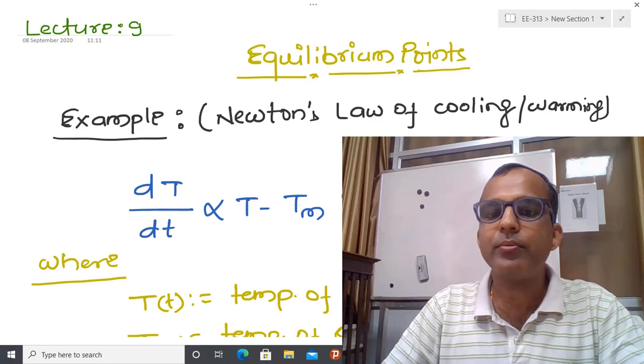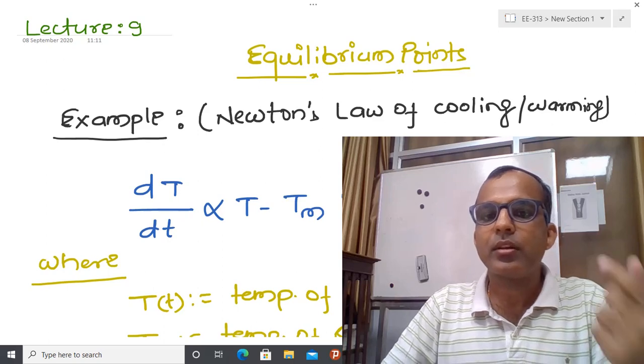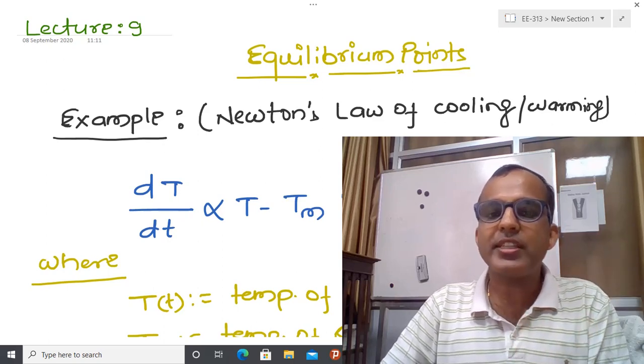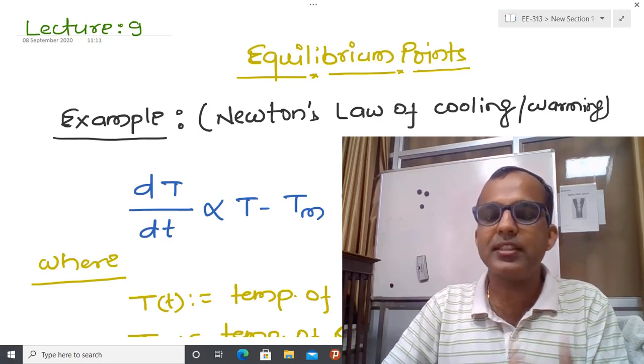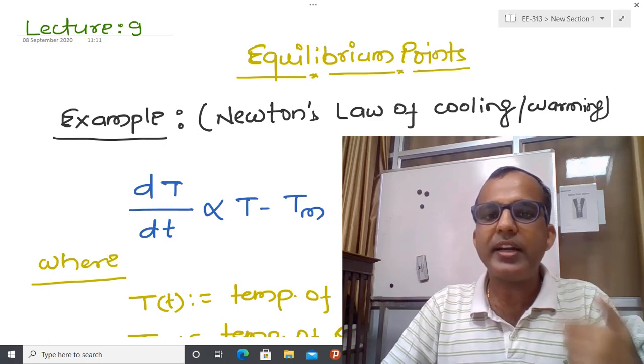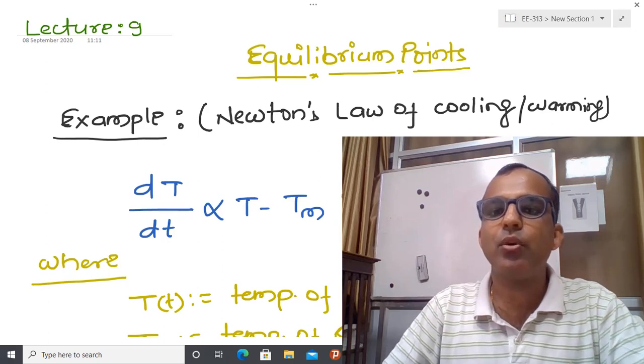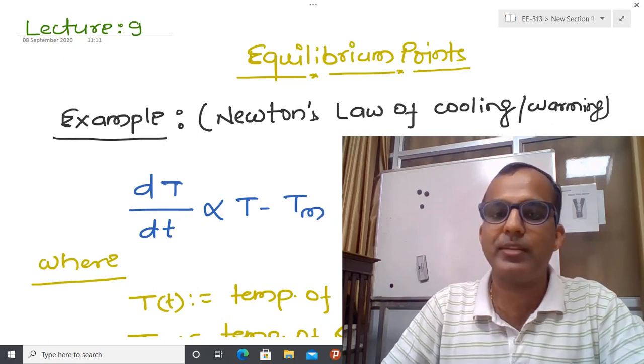Now the question is, whenever we want to approximate a nonlinear system by some linear system, what are the possible points about which we can perform this kind of approximation?